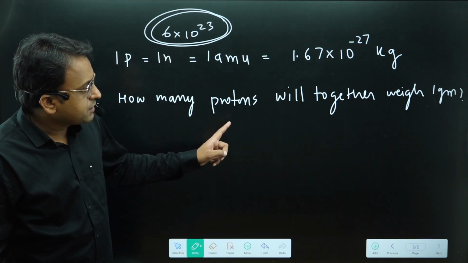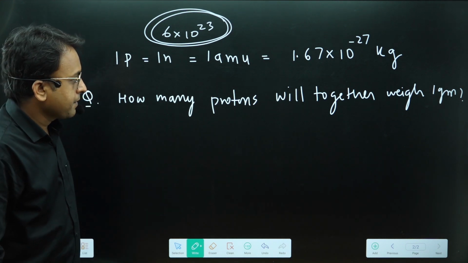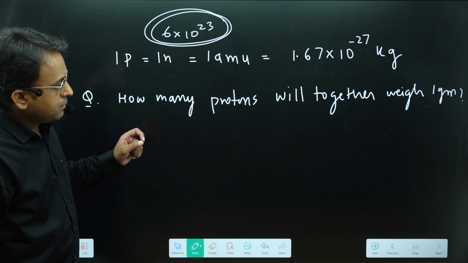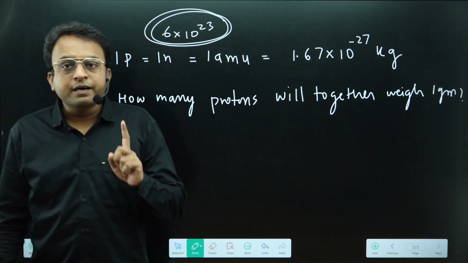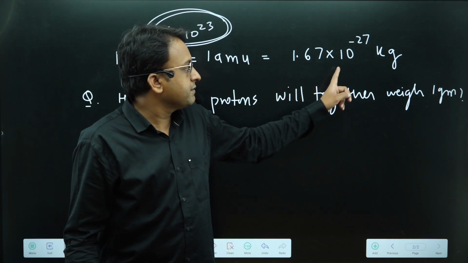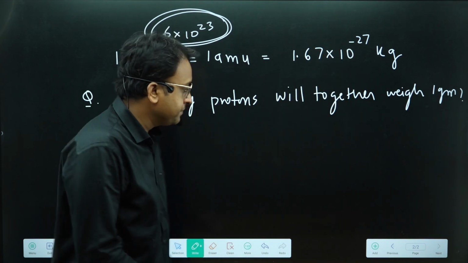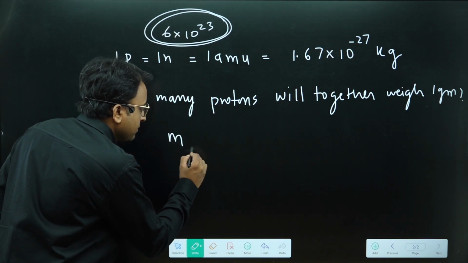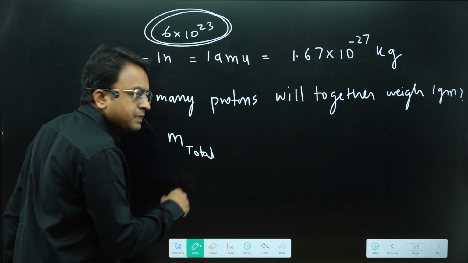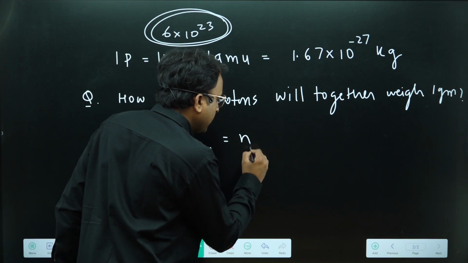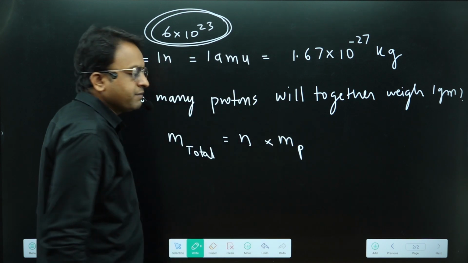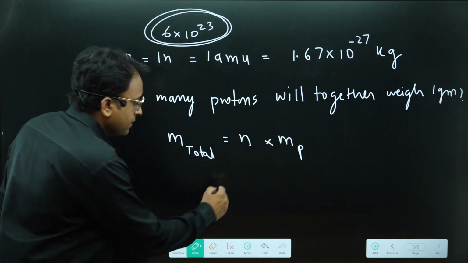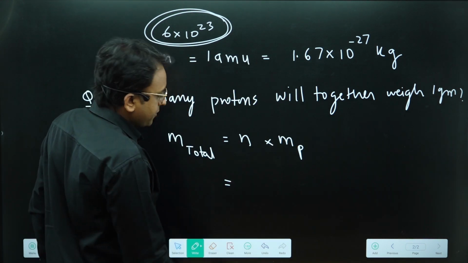How many protons will together weigh 1 gram? The total mass is 1 gram, and the mass of one proton is 1.67 into 10 raised to the power minus 27 kg. M, the total mass, is equal to N times Mp, where N is the number of protons and Mp is the mass of one proton.